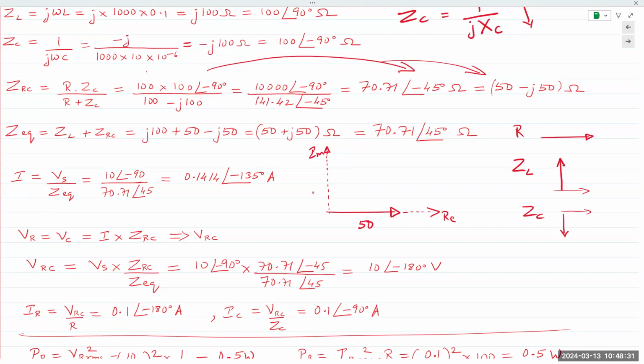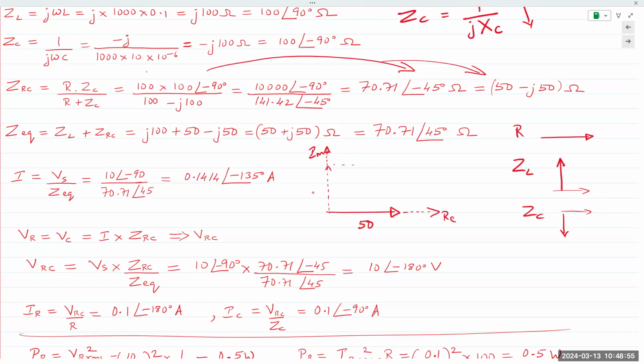Remember, the rectangular coordinates are the projection of that vector on the real and imaginary axis. When you take that projection and create that triangle, that gives you the polar coordinates. So the real component for ZEQ is 50 lying on the real axis, and the imaginary axis would be here.